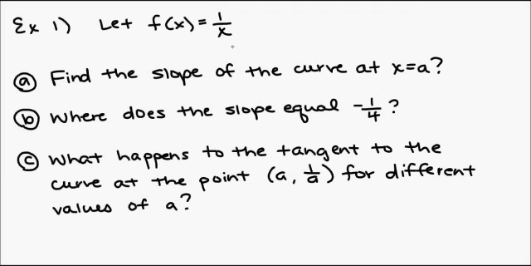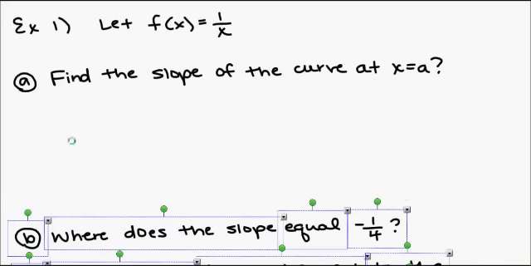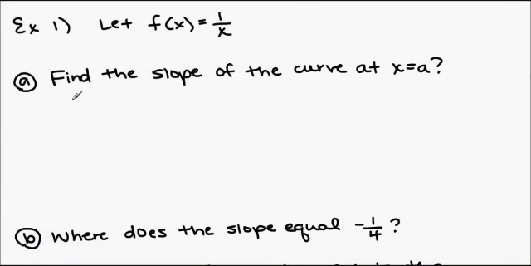Example 1, let f of x equal 1 divided by x. Find the slope of the curve at x equals a. Okay, so let me move these parts down. And we're going to use the formula from the previous slide. So this is the limit as h approaches 0 of f of a plus h minus f of a divided by h.